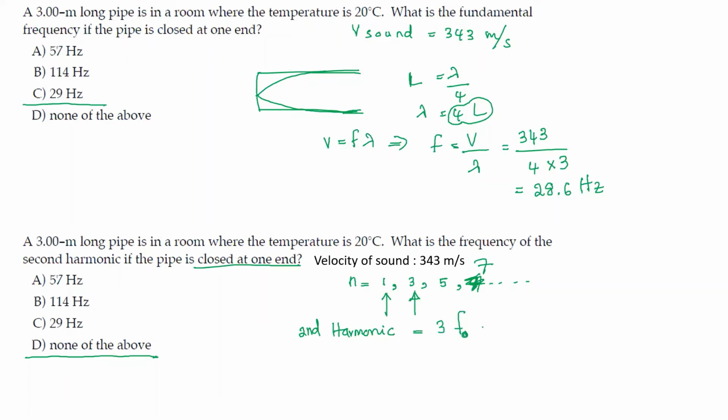I'll mark it as f0 for now. So 3 times the fundamental, 3 times 28.6, you should get the answer 85.7, actually 85.76.